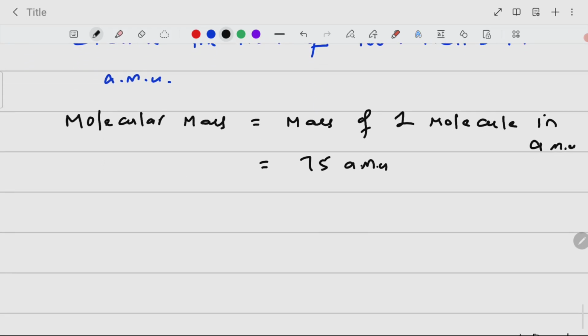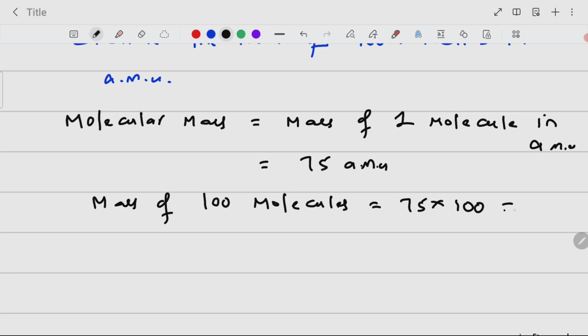They are asking about the mass of 100 molecules. If one molecule's mass is 75 AMU, then the mass of 100 molecules is 75 into 100, which is 7500 AMU. So the answer is 7500 AMU.